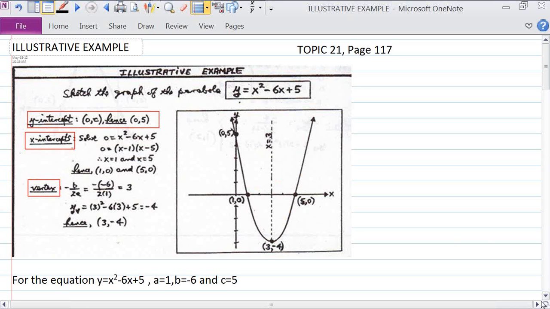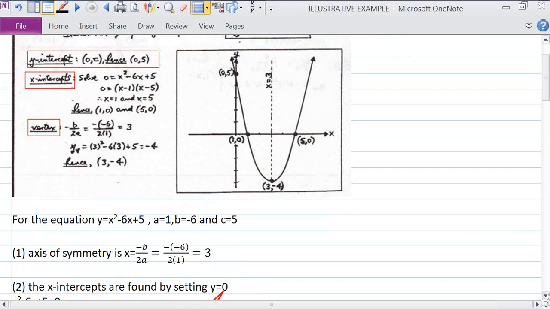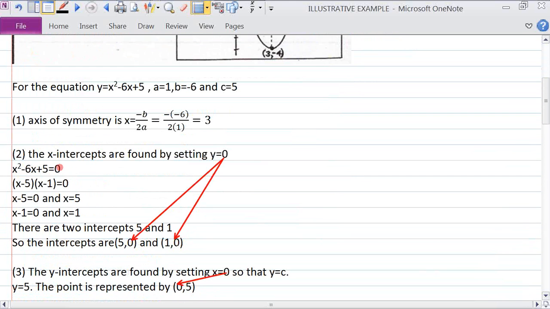So we first of all get the axis of symmetry. That's number 1. Number 2, in order to find the x-intercepts, y is 0, because where the graph crosses the x-axis, y is equal to 0. So we set y equal to 0. Here, x squared minus 6x plus 5 equals 0.